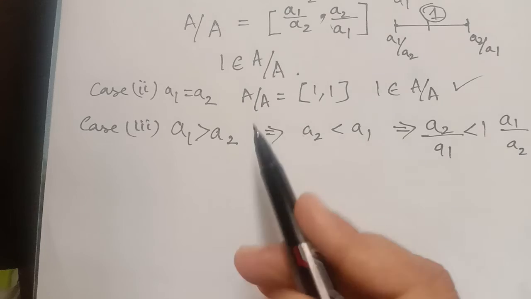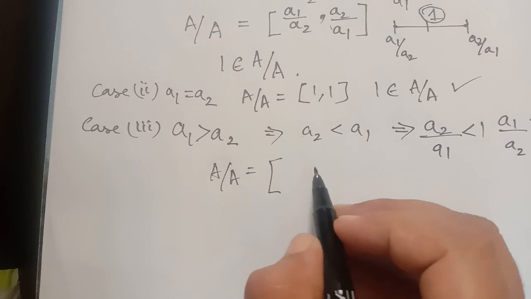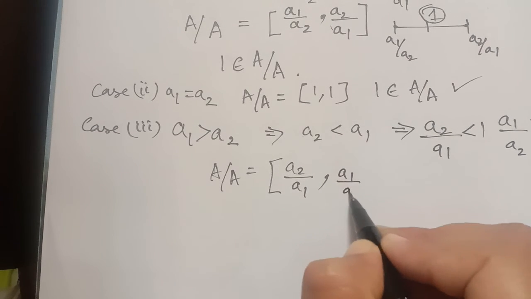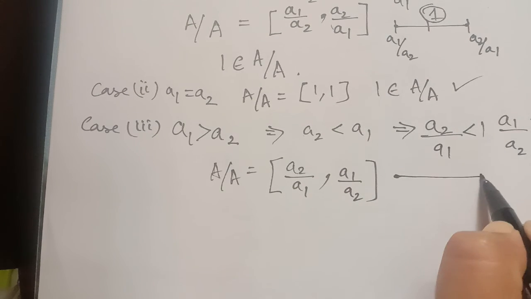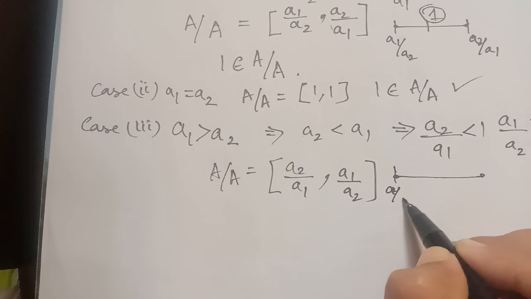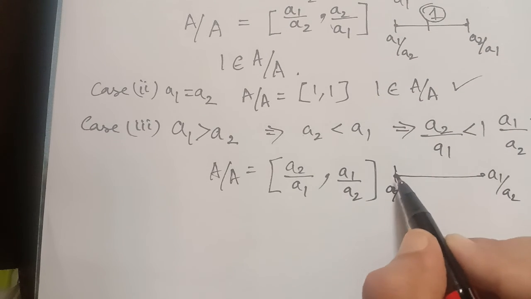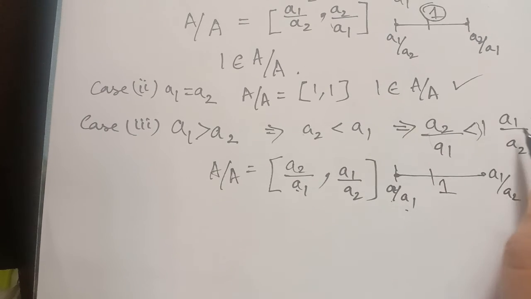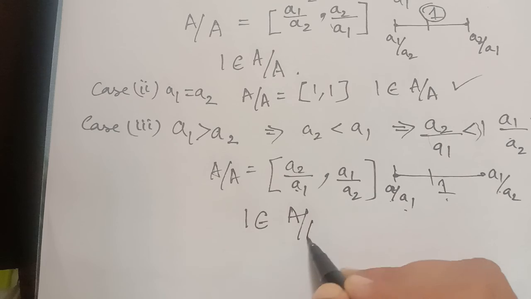If you simplify, you will get A by A equal to [a2 by a1, a1 by a2] in this case. This is the reciprocal of this, and we know that 1 is greater than this value and 1 is lesser than this value. So it lies in this interval.